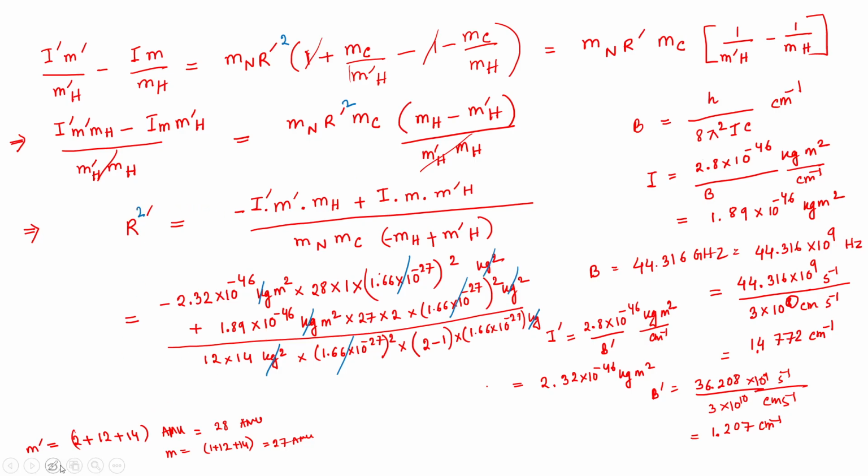Okay, no problem. Now I again go back to the red. So I am going to get r dash square is equal to, now I will calculate.